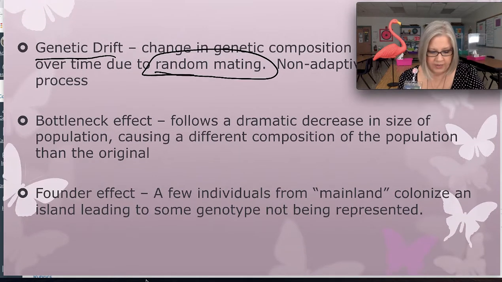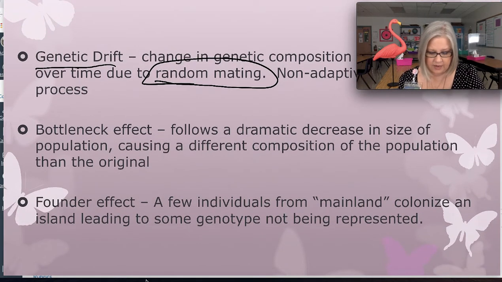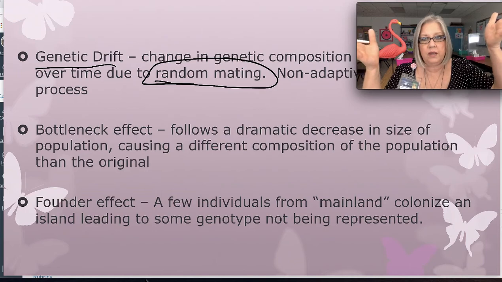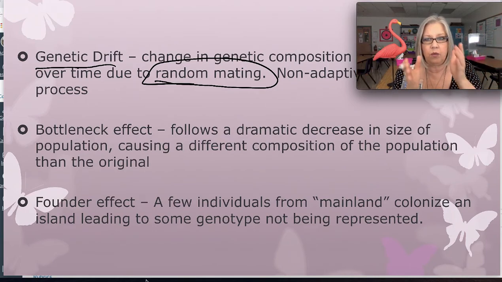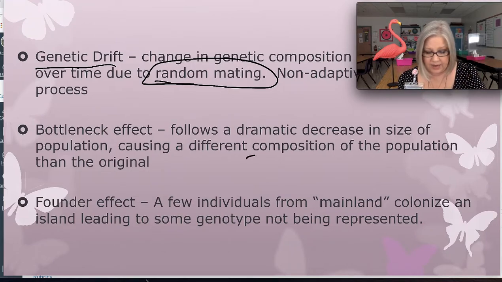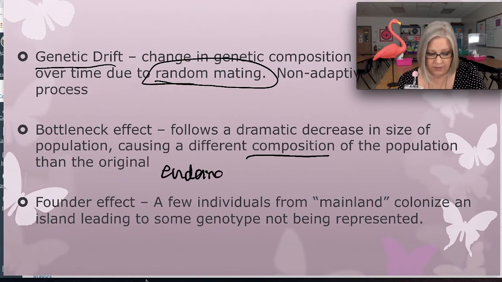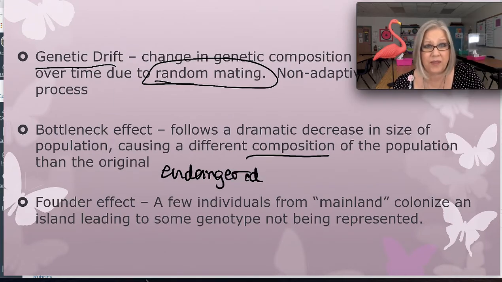All right, another one is the bottleneck effect. This is where you bring the species down to one limited number, all right? And this is one of the problems, and it can actually change the composition. So one of the things we're seeing right now with animals that are endangered is that they are getting very close to this, this bottleneck effect is going to affect them in a big way.